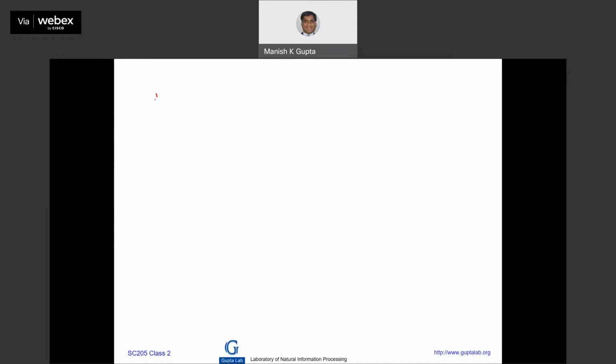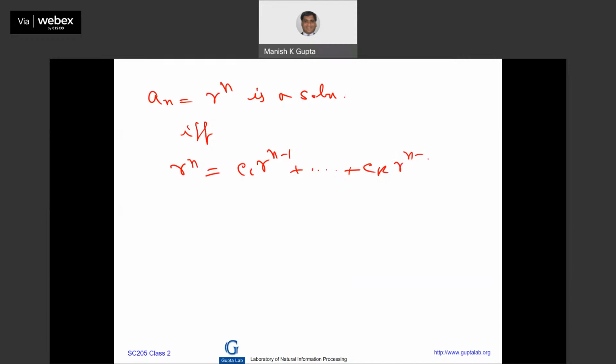So an is equal to r raised to power n is a solution if and only if r raised to power n is equal to c1 r raised to power n minus 1 plus dot dot dot ck r raised to power n minus k.